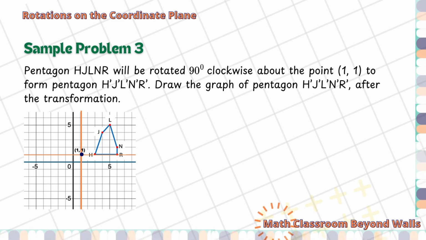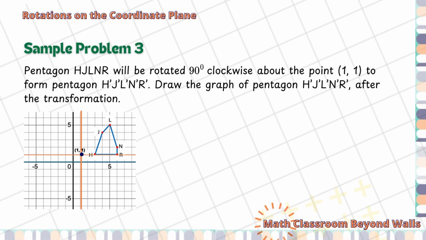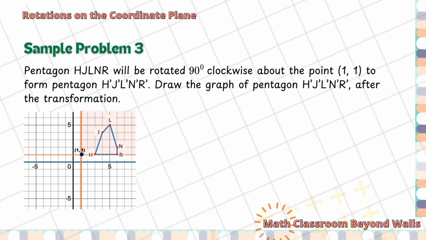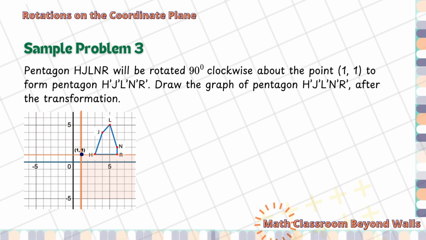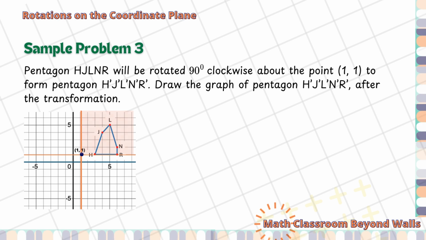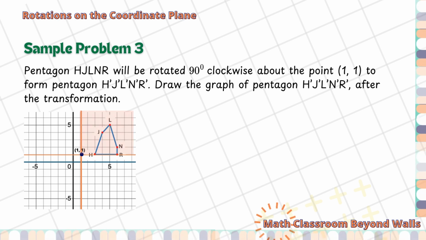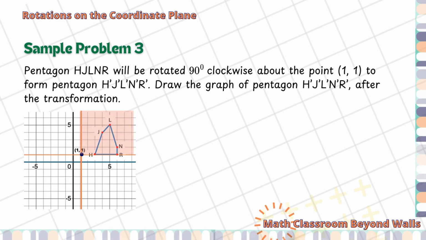Next, assume that the lines you have just drawn are now the lines that divide the whole space into 4 quadrants. The preimage that we have here is located on the first quadrant of the newly divided space. Can you follow, learners?